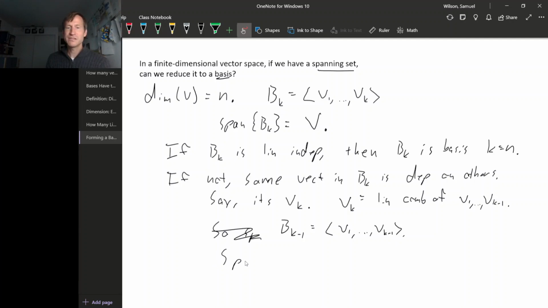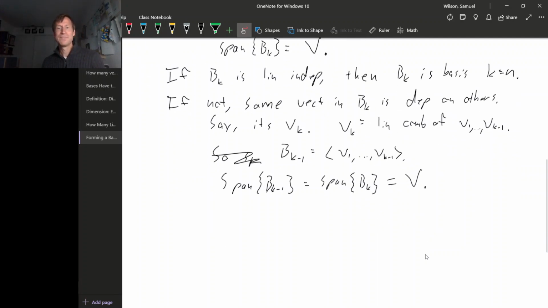Then we know that the span of b sub k minus 1 is equal to the span of b sub k, right? Because we threw away a redundant vector. But we know that the span of b sub k is all of V because that's what we assumed, right?